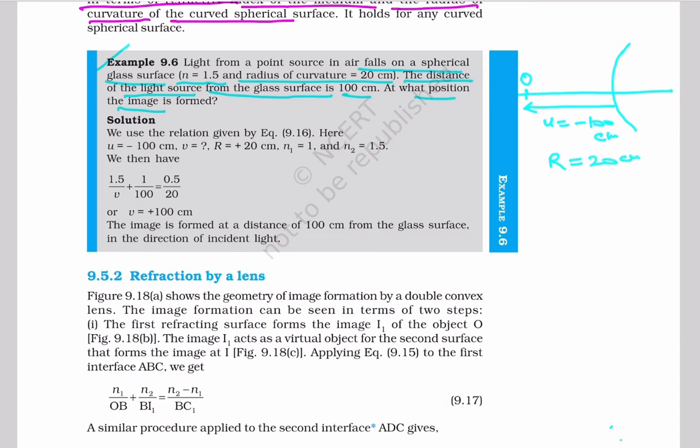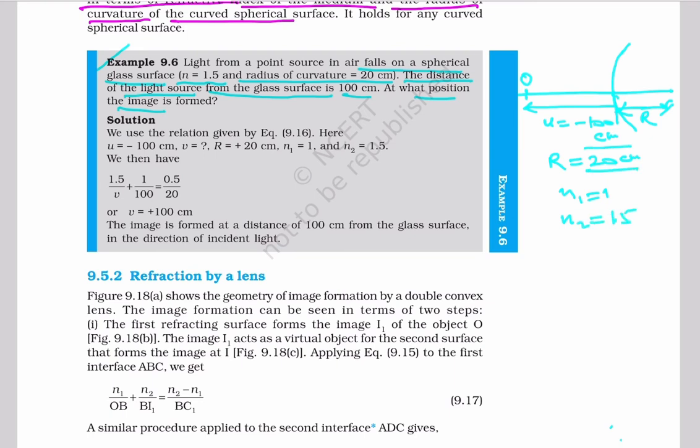If this is the center of curvature, then this distance is given R, that is plus 20 centimeter. And refractive index for the air is N1 is equal to 1 and refractive index for the glass surface is given 1.5.